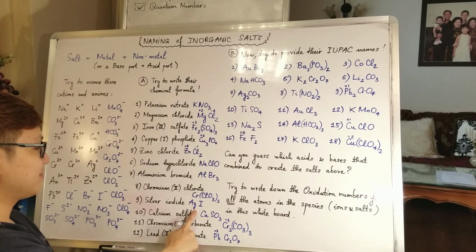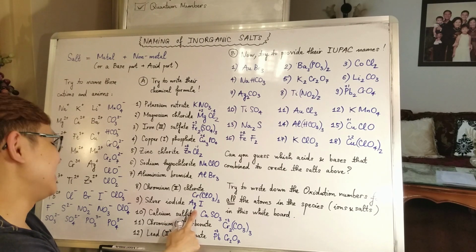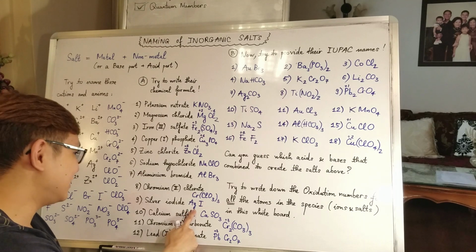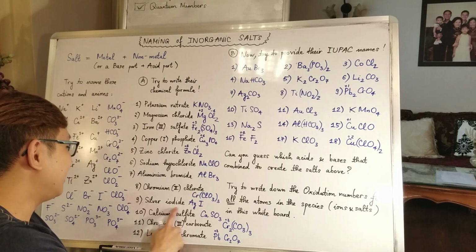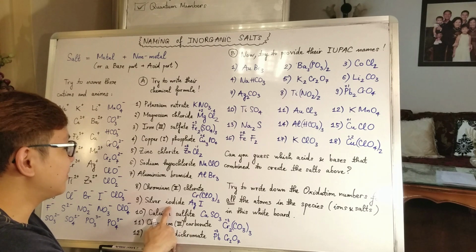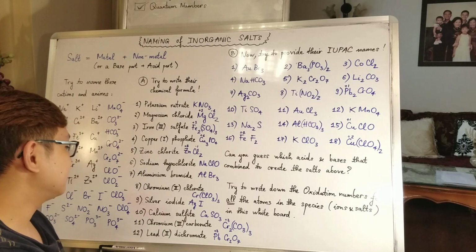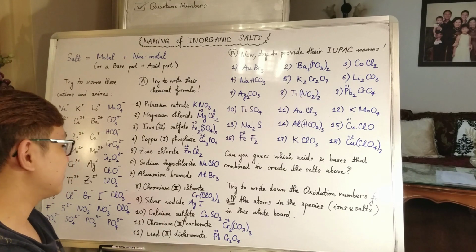How about this one? Silver iodide. Okay, it should come from silver hydroxide and hydrogen iodide, or we call it hydroiodic acid. HI and AgOH.